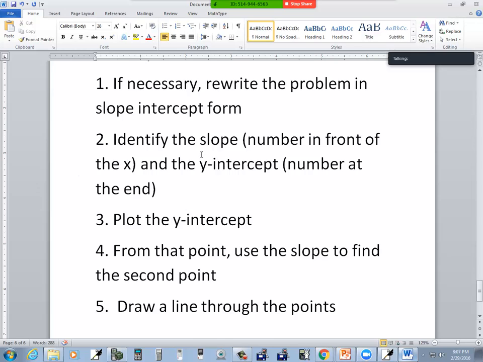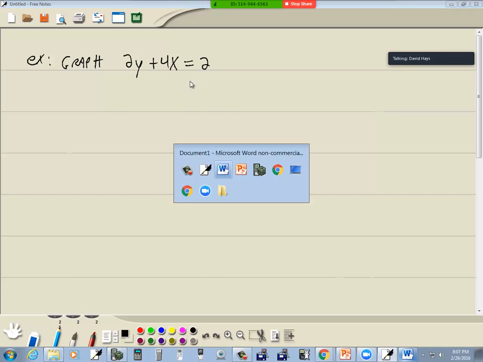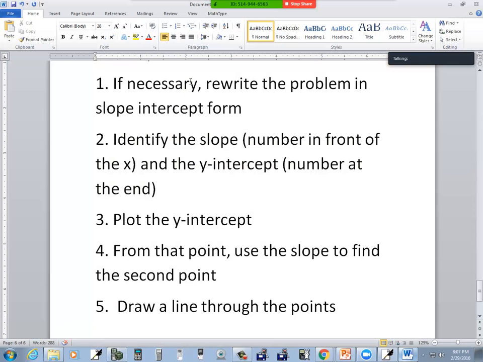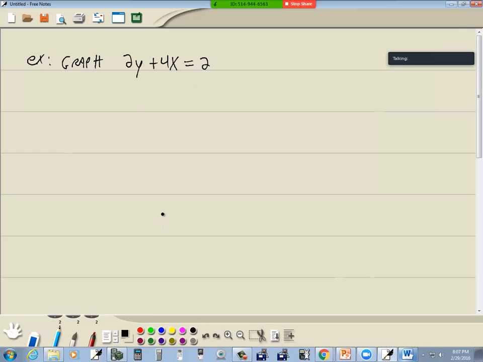Okay. Now this is the main way. If you're trying to graph a linear, this is the best method to use, unless you're using technology. Okay, step 1. If necessary, rewrite the problem in slope-intercept form. So we need to get y by itself.